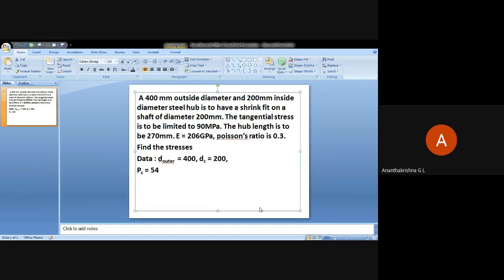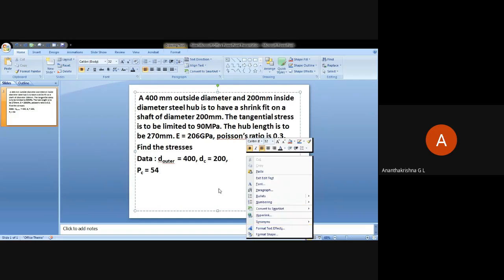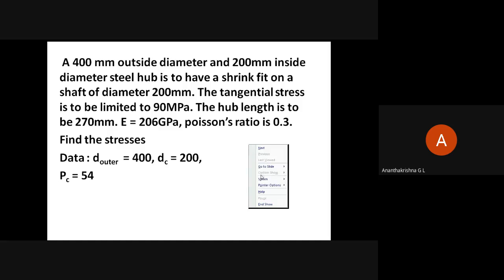In the other view, if you take this as inner cylinder, this is the outer surface of inner cylinder.